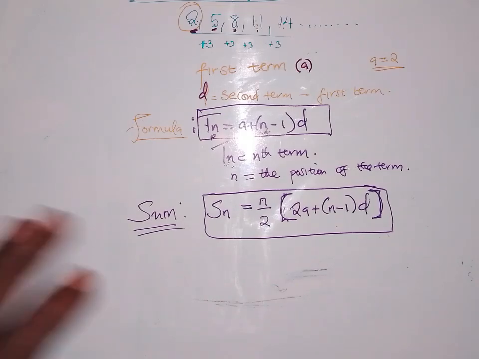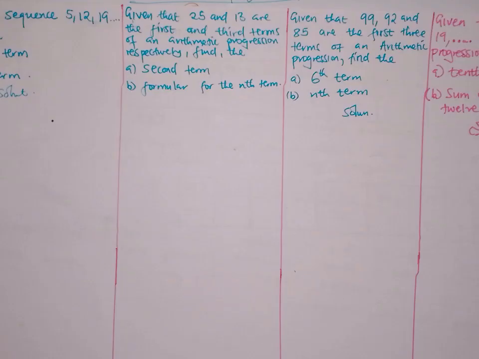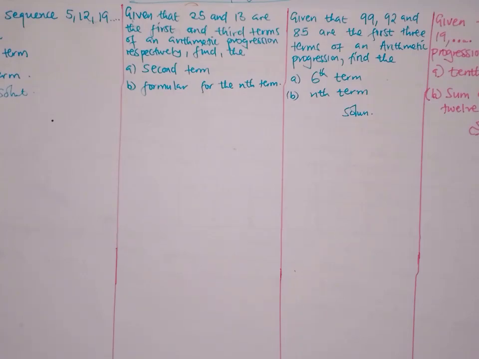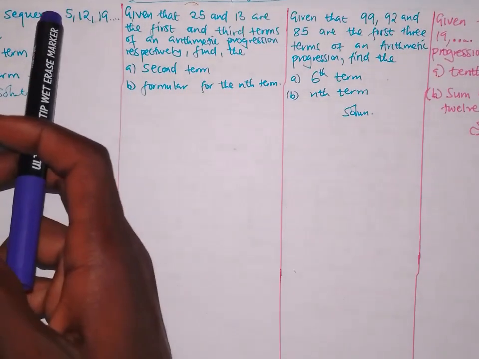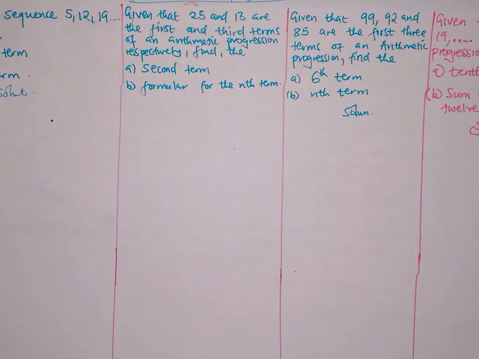So now let's look at the question which we have. Our first question says, for the sequence 5, 12 and 19, find the 6th term. I showed you, you have to use the formula.